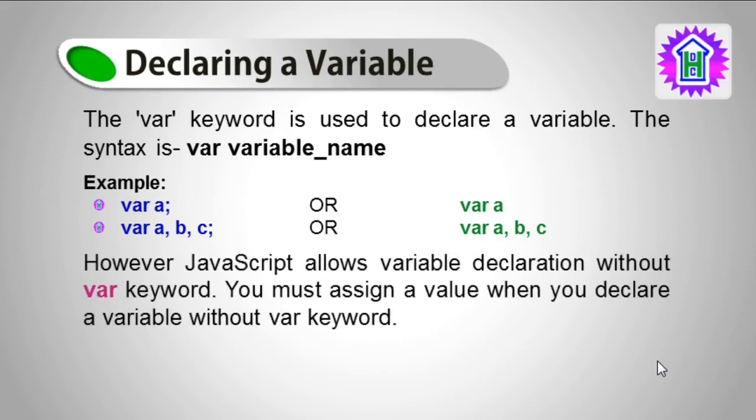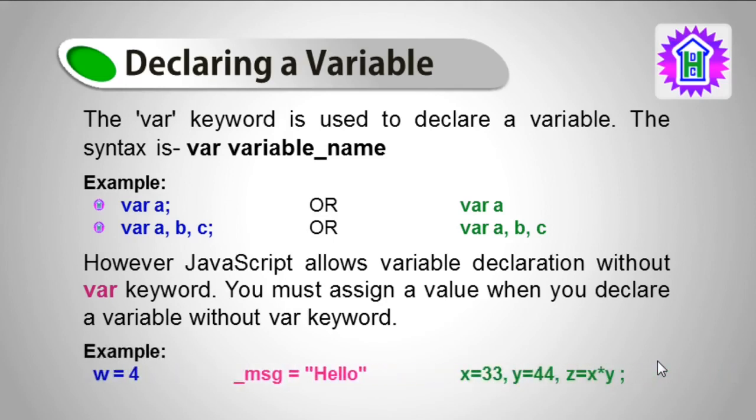However, JavaScript allows variable declaration without the var keyword also. But in such a case, you must assign a value when you declare a variable without the var keyword. So let us see one example.